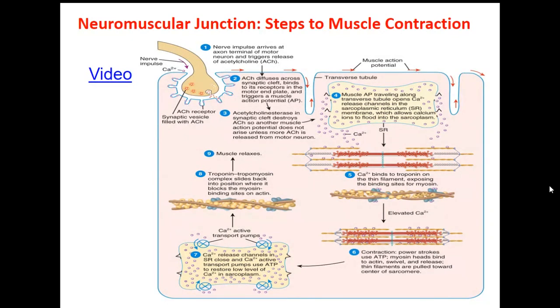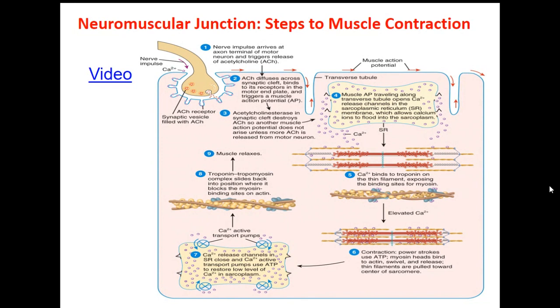And so there'll just be this pulling, as these thin filaments overlap the thick filaments more and more. The whole sarcomere here gets shorter and shorter. All these sarcomeres doing the same thing, so the whole myofibril gets shorter.